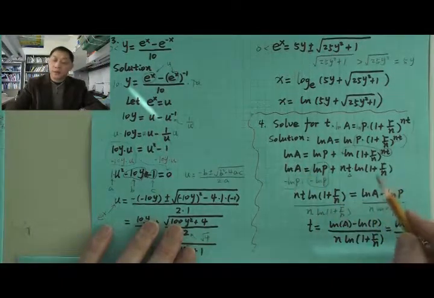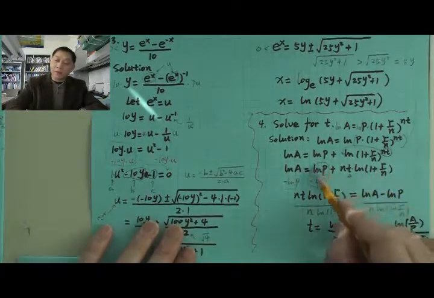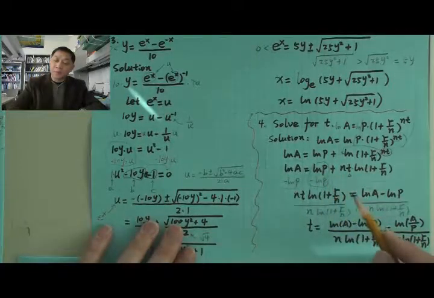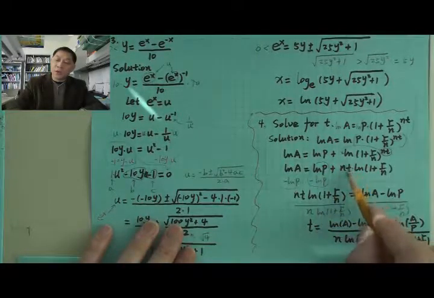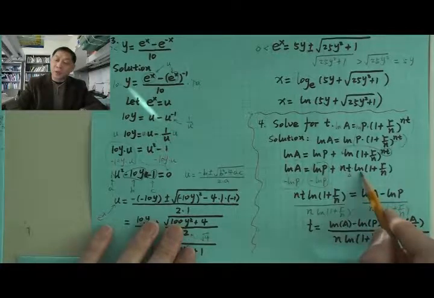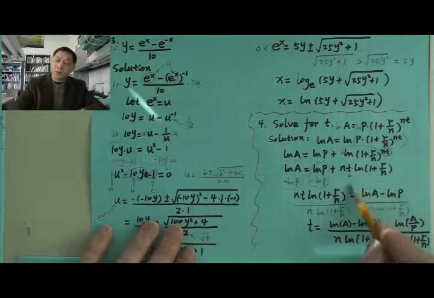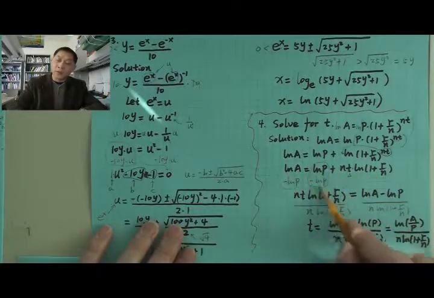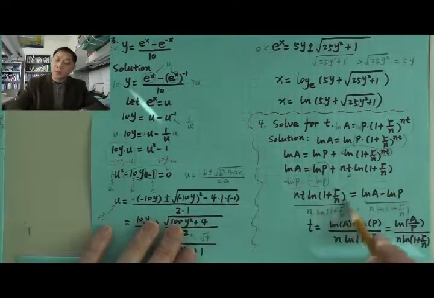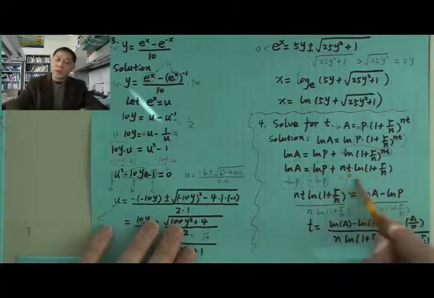On the right hand side, you have those two cancel each other. So then you have only nt times natural log of 1 plus r over n on the right. The whole thing on the right is this one because these two are canceled.